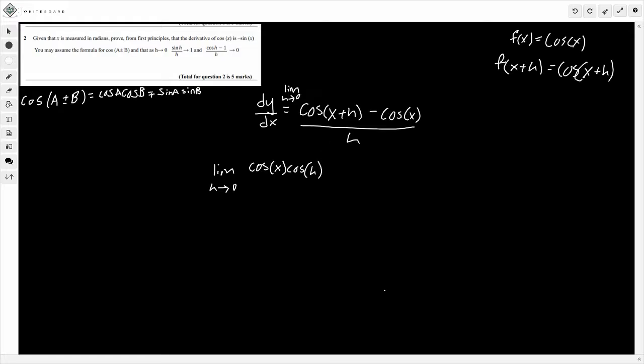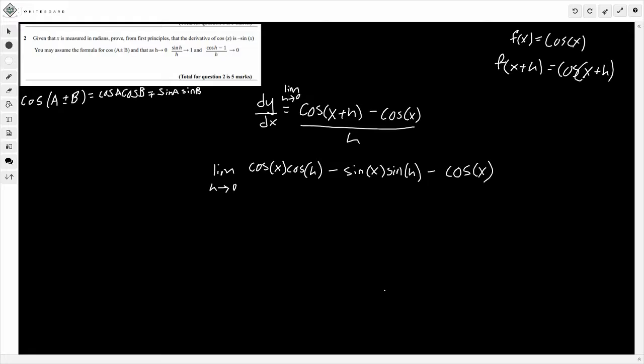And then again, because it's plus in the formula, we're going to use the minus. This is going to be minus sin A sin B, so it's going to be minus sin x sin h, like so. And then don't forget we have to include the original minus cos x that we had at the very beginning, minus cos x.